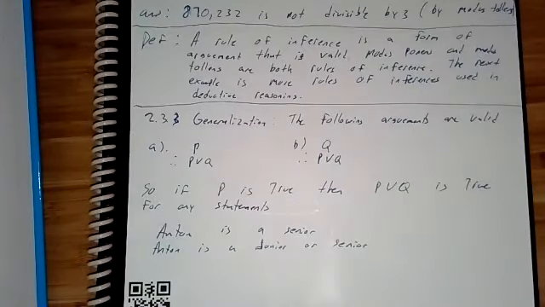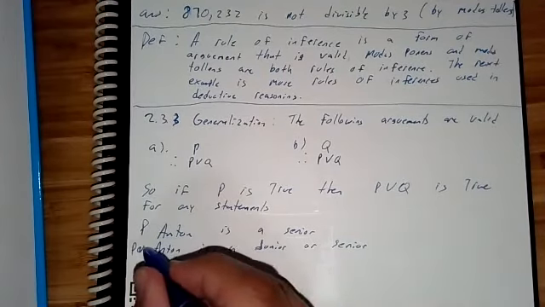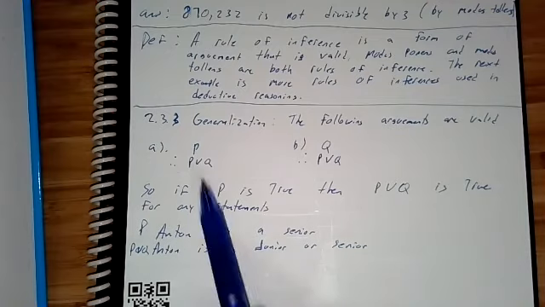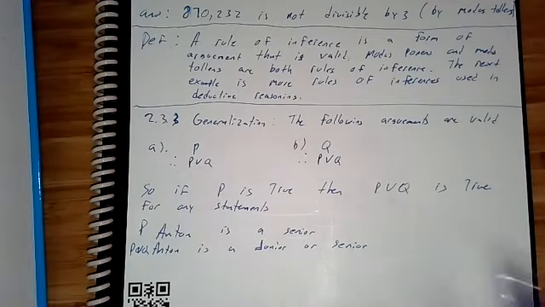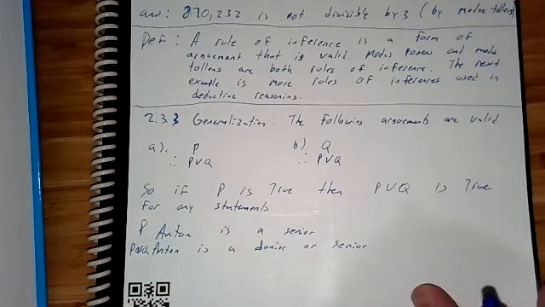So Anton's a senior, that's my P. This is P or Q. So we're inferring that this is true for anything. Let's do some more examples.